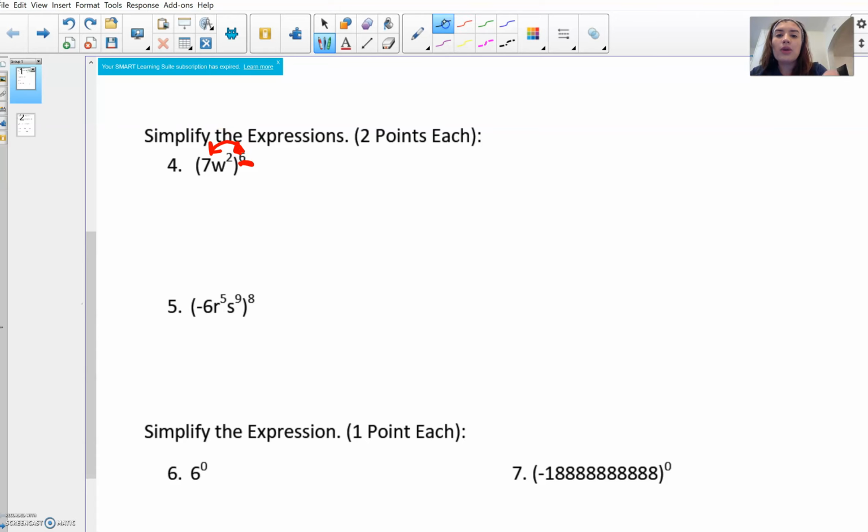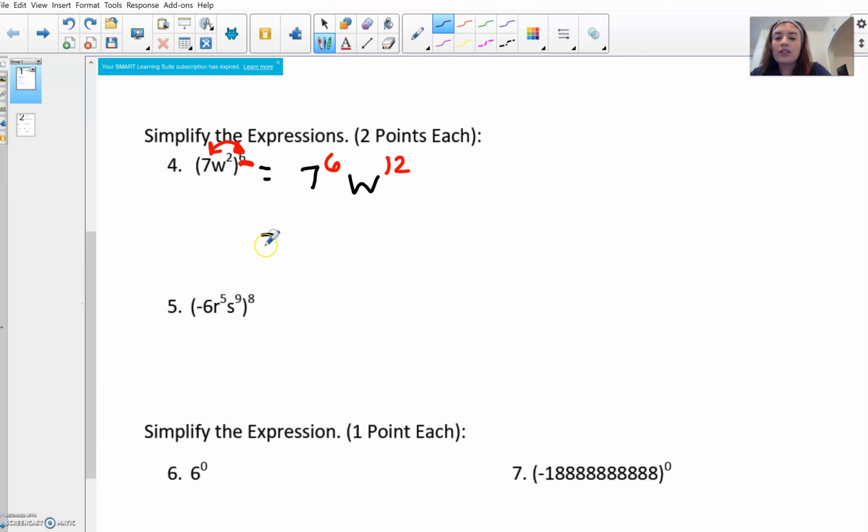So we have 7, and that has to be taken to the 6th power. We also have w to the 2nd. So what do we do with our power to a power exponents? We multiply them. So we're just going to take 2 times 6, and we'll get w to the 12th power.